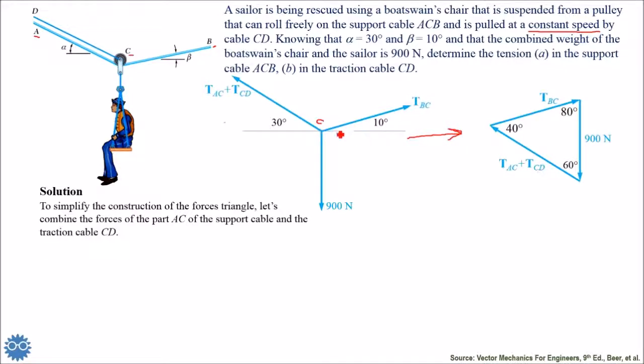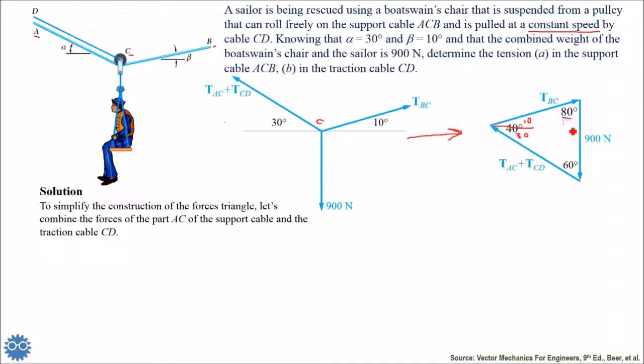So here the value of 60 is obtained between the vertical and the combined tensions. Here, if we draw a horizontal line, this will be 30 and this will be 10 degrees, so there are 40 degrees.